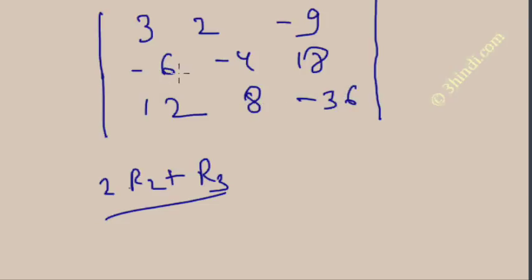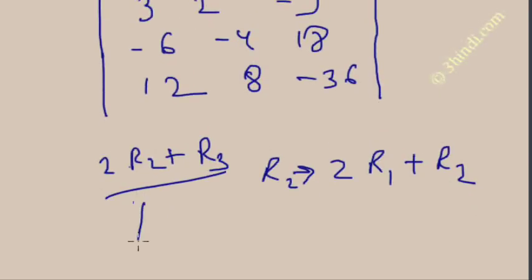Similarly, in R2 perform the following action: twice R1 plus R2. What will you see here? 3 into 2 is 6, minus 6 is 0; 2 into 2 is 4, minus 4 is 0; minus 9 into 2 is minus 18, plus 18 is 0. So both rows are 0.